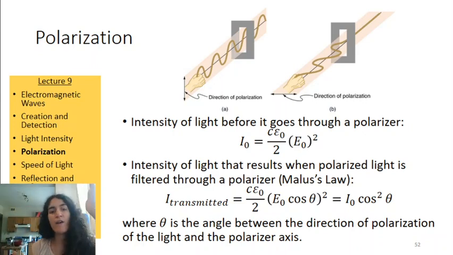So now I have unpolarized light coming through. Then I have a polarizer, so now I have light that's polarized in one direction. If you try to pass it through a polarizer that is perpendicular, then you would get no light through.